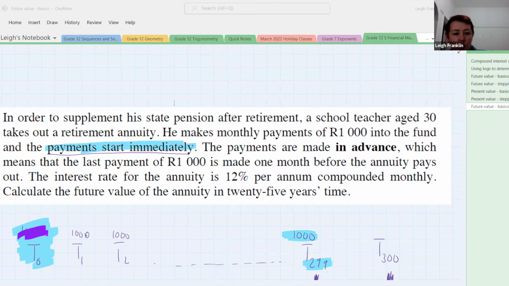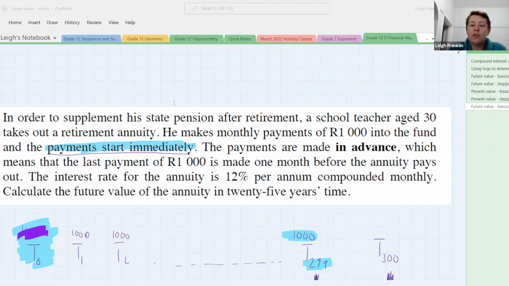No, no. When we say it's being paid in advance, Kulani, that doesn't mean that it starts at T0. Starting at T0 means that a payment has been made immediately. When we say a payment is made in advance, it means that it's made before it's due, not after it's due.